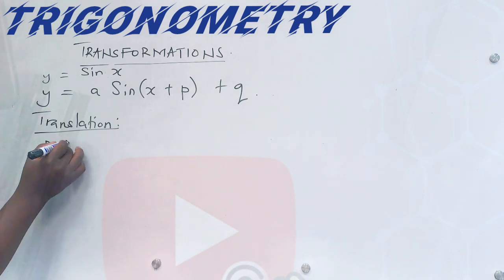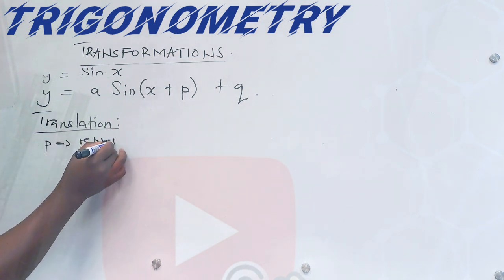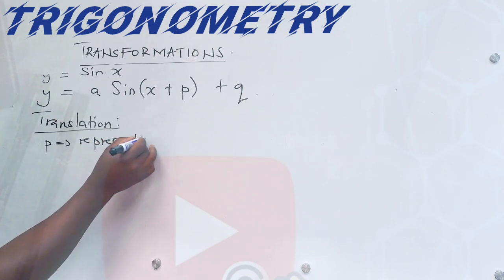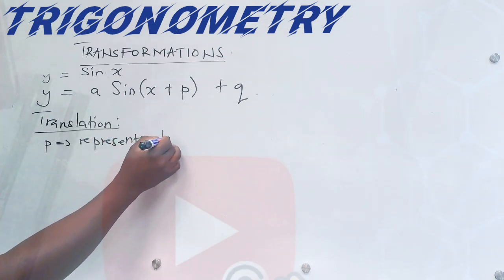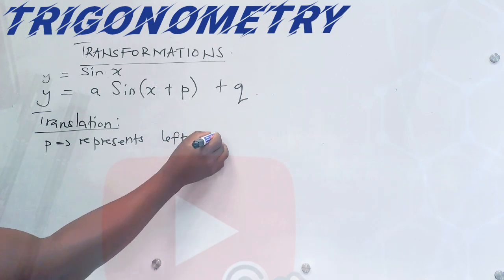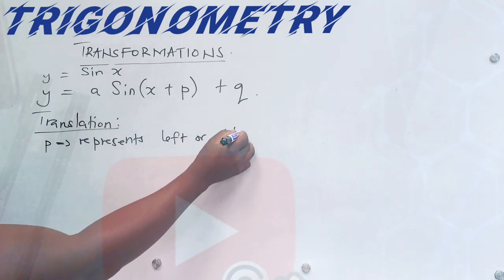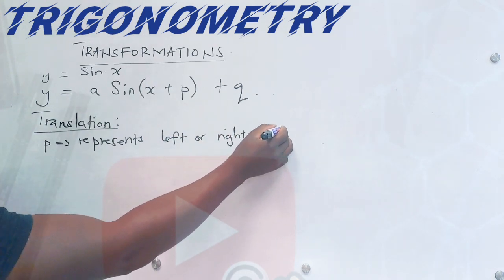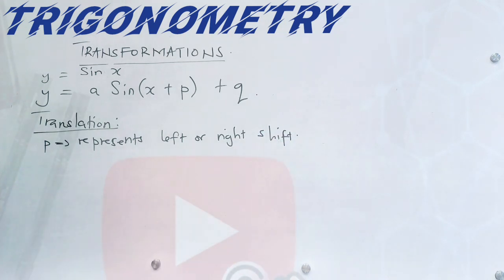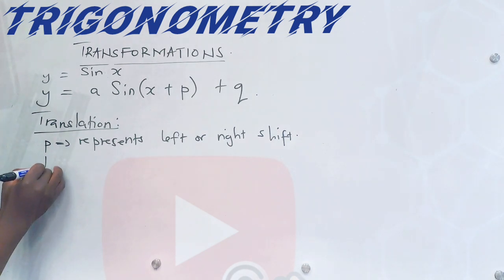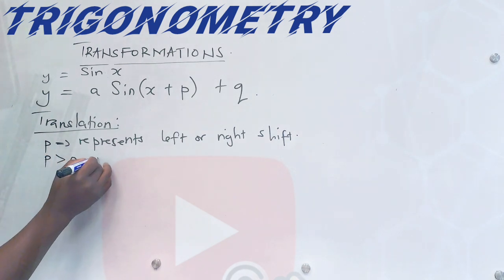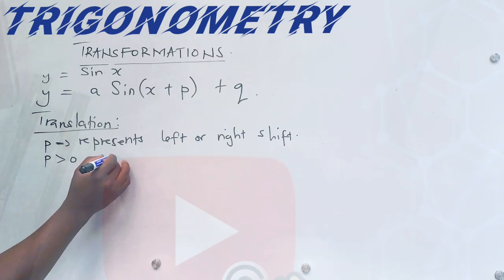Value P represents left or right shift. In other words, we can call it horizontal shift, left or right. Then when P is greater than 0, it represents shift to the left.